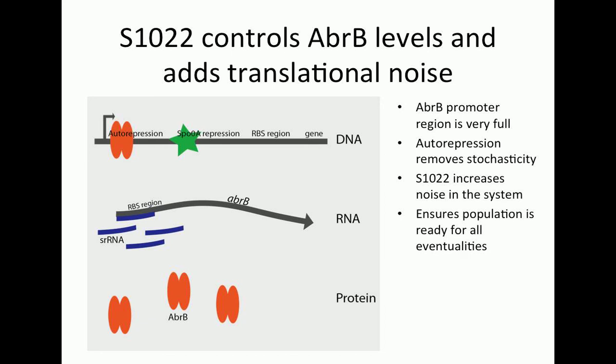Therefore, there is no other real way that you can control the expression of AbrB apart from by using this small regulatory RNA, which binds to the ribosomal binding site region of the AbrB transcript and stops it being translated. So S1022 increases noise in the system, and this ensures that the population is ready for all eventualities.